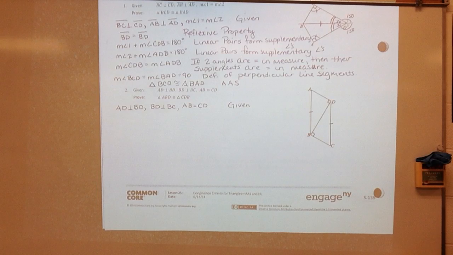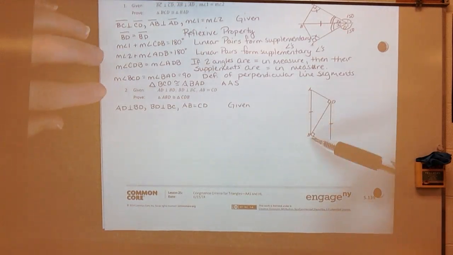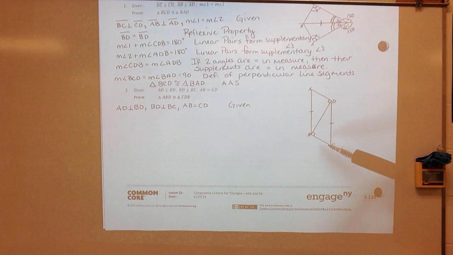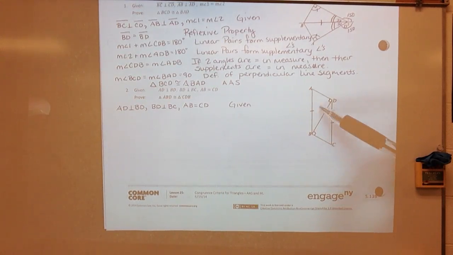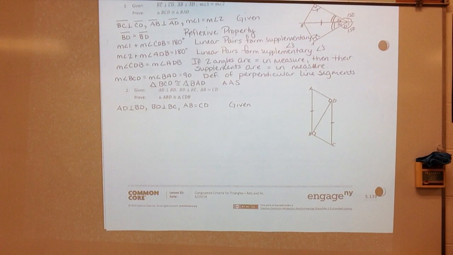Alright? Now, let's think about this. I want to prove that triangle ABD is congruent to triangle CDB. I want to prove these two triangles congruent. Alright, so we might be able to use HL here.